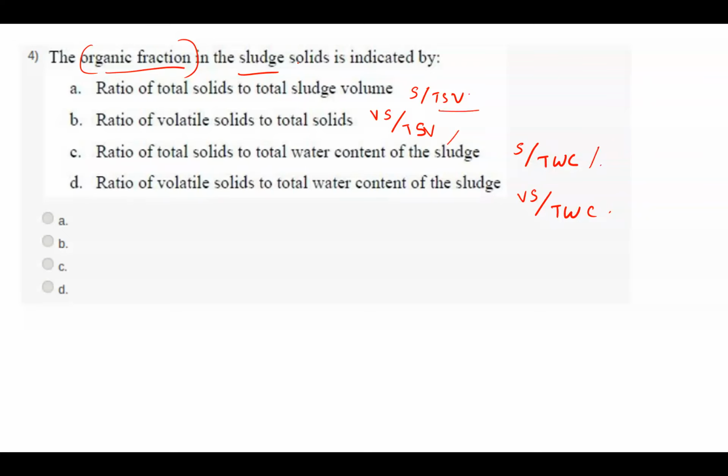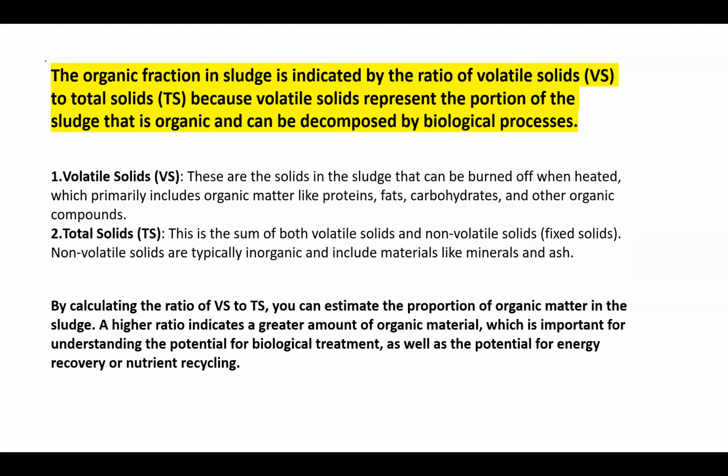The organic fraction in the sludge solids. So the answer is this one, volatile solids to total solids. So I will explain here. What is the organic fraction? You know that in the sludge we have organic and also inorganic contents, right?